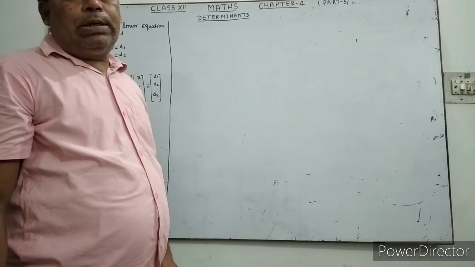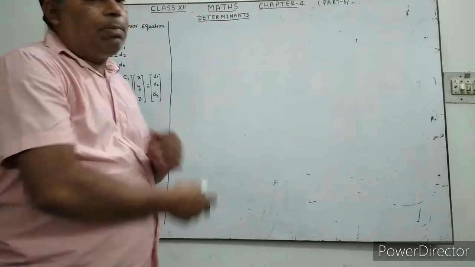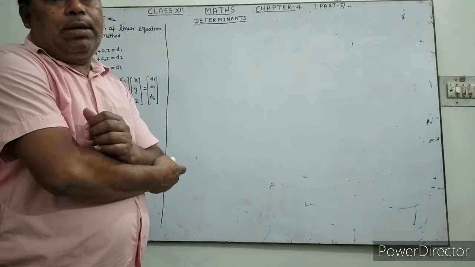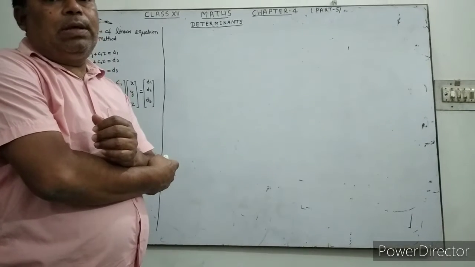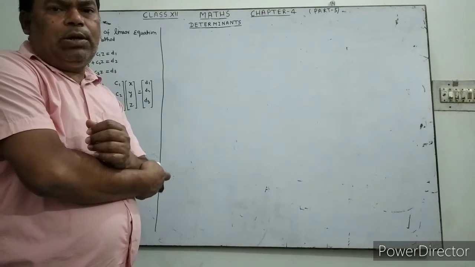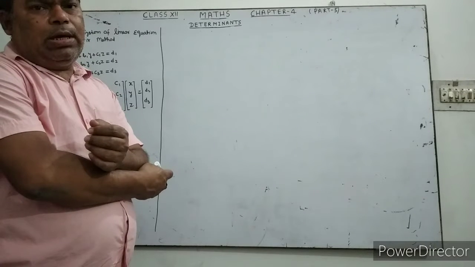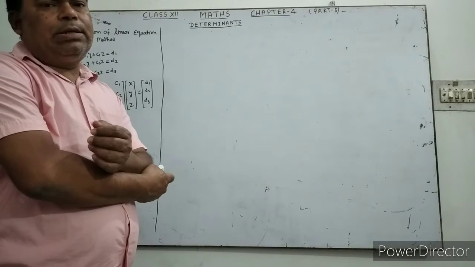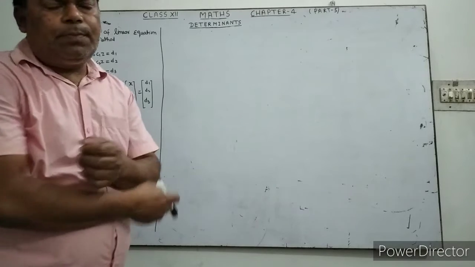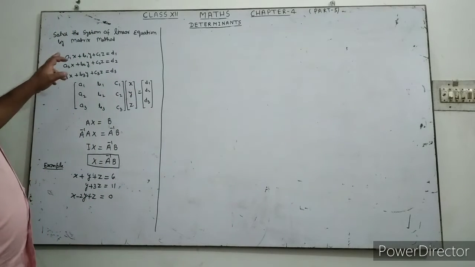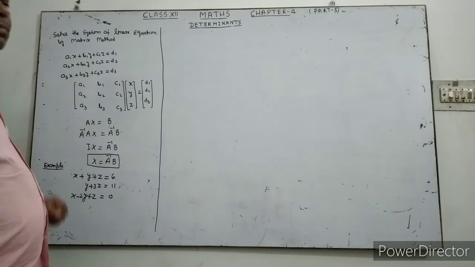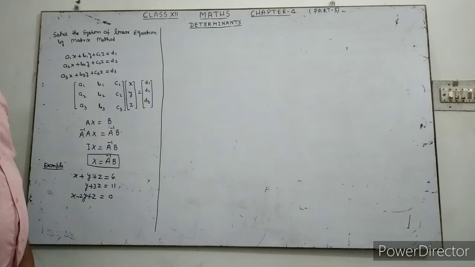Now student, this is the last topic of this chapter, and this is a very important topic. Every year you get 6 marks in this topic. What is the topic? Solve the system of linear equations by the matrix method.